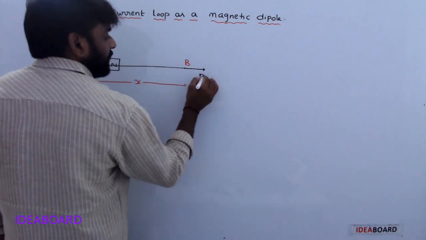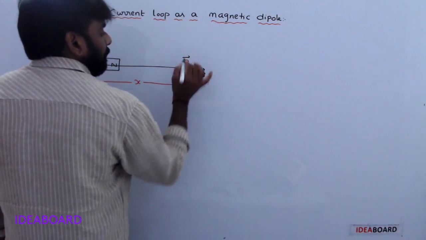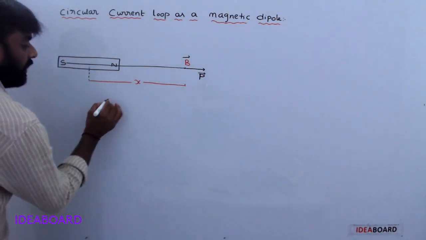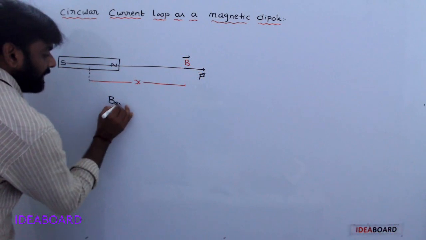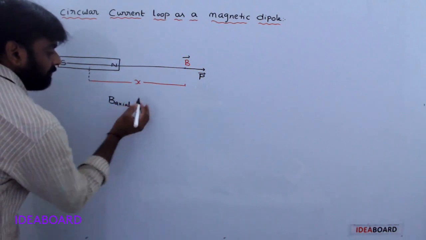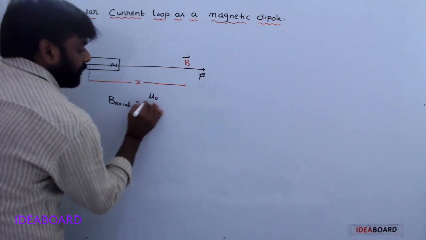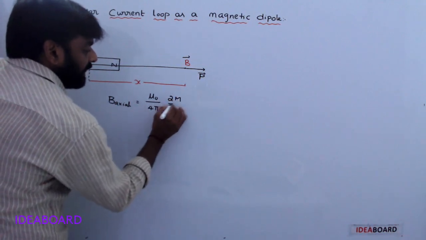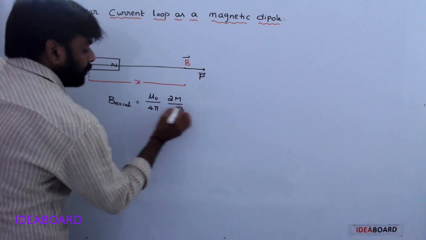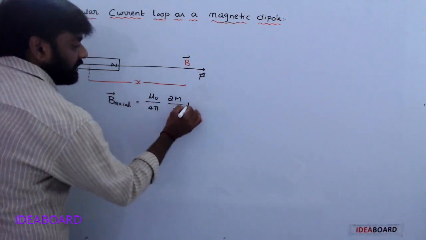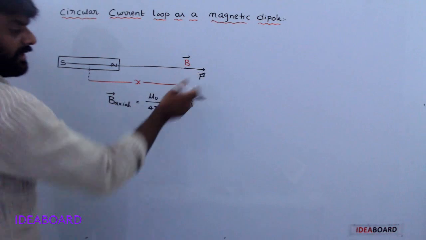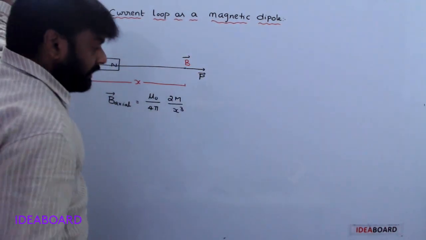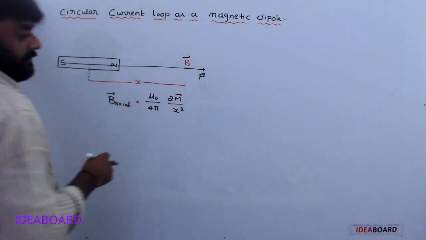The dipole moment direction and the magnetic field intensity direction are both in the same direction on the axial line. On the axial line, you know already this equation: B equals mu naught by 4 pi, 2m by x cube, in direction n cap or along the p bar, because it is a vector quantity.